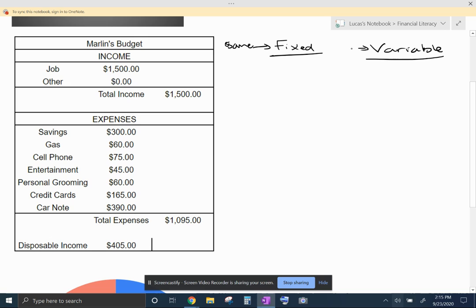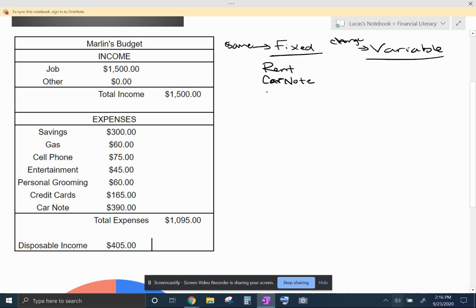Variable expenses change most months, if not every month. Okay, so fixed expenses would be something like your rent or what you pay for your house, your car note or car loan. Auto loan is what they call them too.